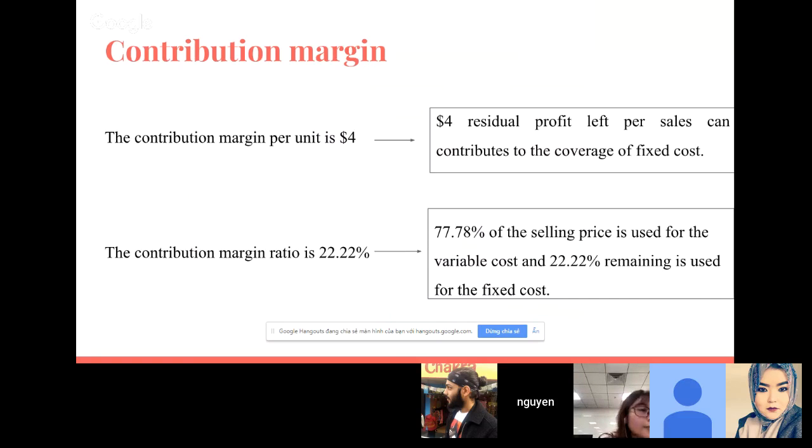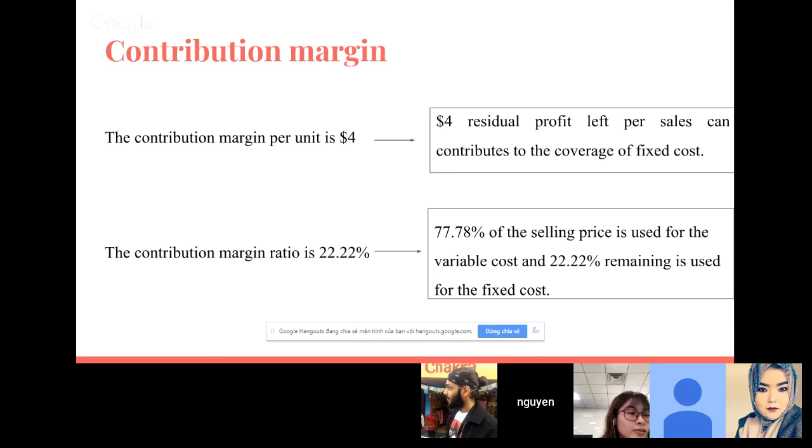And I will move to the contribution margin. The contribution margin per unit is $4, meaning that after consuming the variable cost, there is $4 residual profit left per sale that can contribute to coverage of fixed cost.